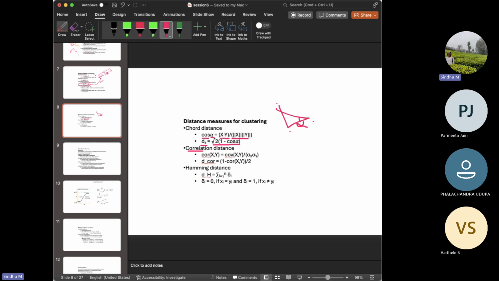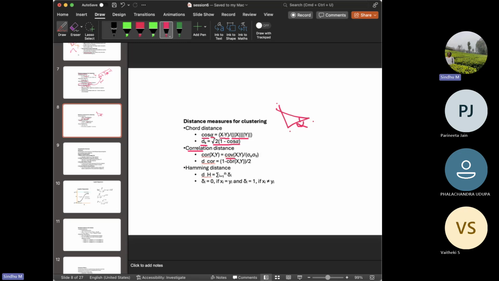And then you have the correlation distance. In the last lecture itself, we discussed what covariance is. Covariance means how much similarity there is between the data sets. If we have x and y, it will say whether when x is increasing, y will also increase or whether y will decrease.